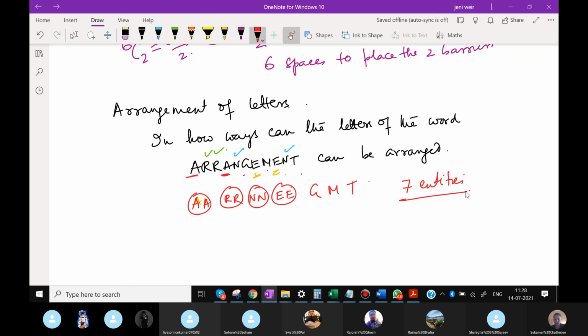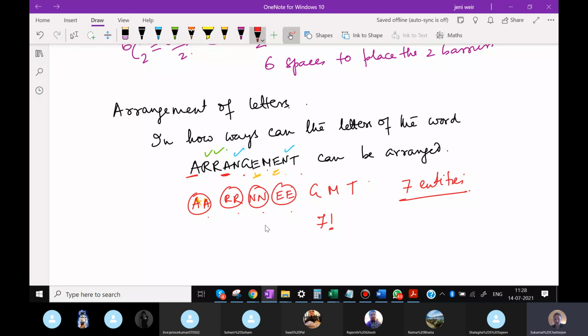So if I had only one A, one R, one N, and one E, and one G, one M, one T, I should have been able to arrange them in 7 factorial ways, right?